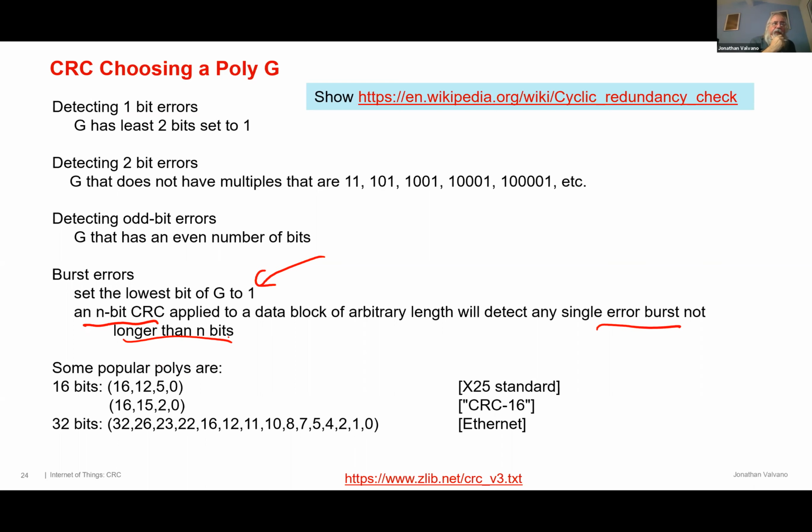This is one of the reasons to increase the size of the polynomial, to handle longer burst errors, a sequence of errors one after another. So every bit being wrong for 32 bits long can be captured by a 32-bit CRC.